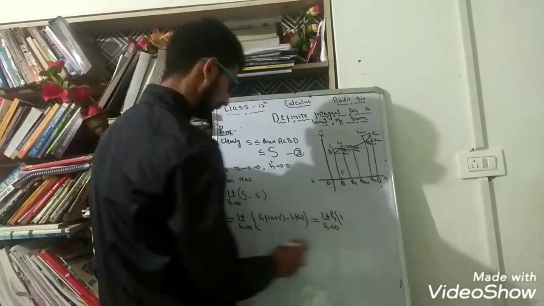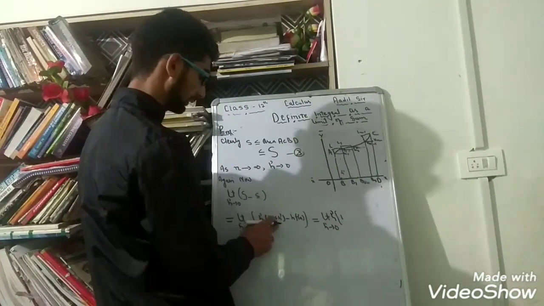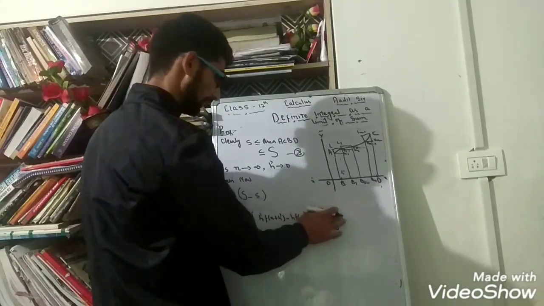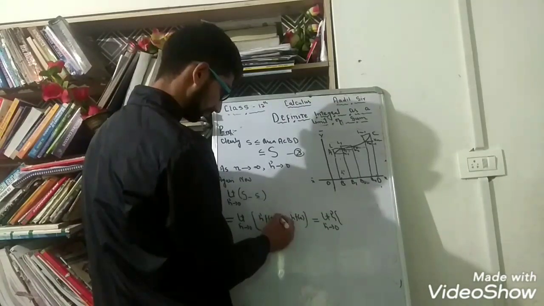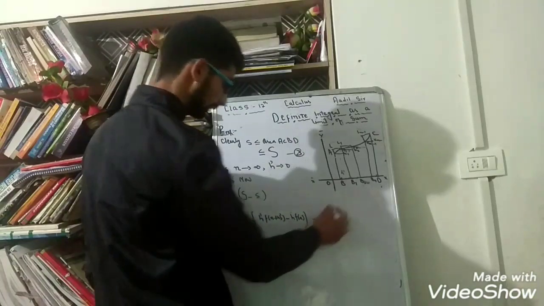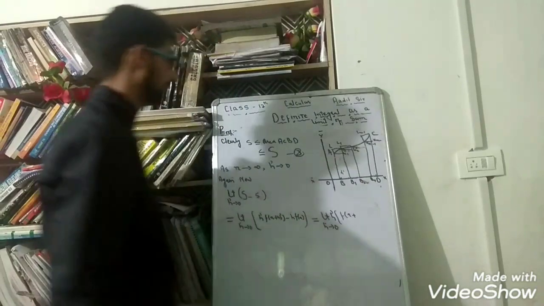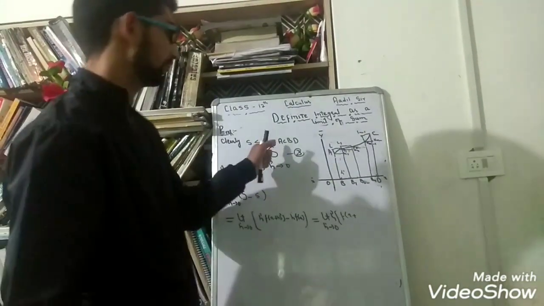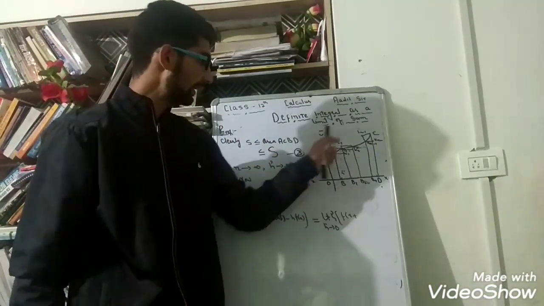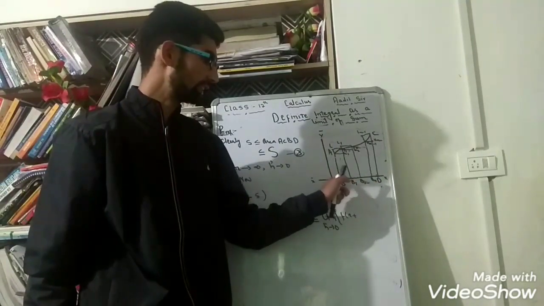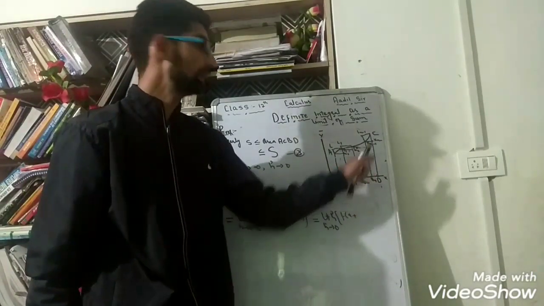I have already given you in the first setup that this nh, that is this distance bd, is equal to b minus a.